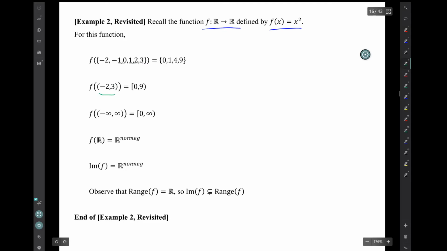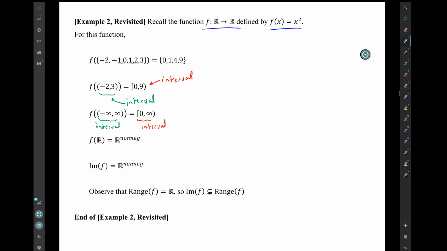If I consider this whole set, that's an interval, and consider the outputs that come from that whole set, the image is an interval as well. And if I use this interval, the set of all real numbers, as the input, then the corresponding image is also an interval.